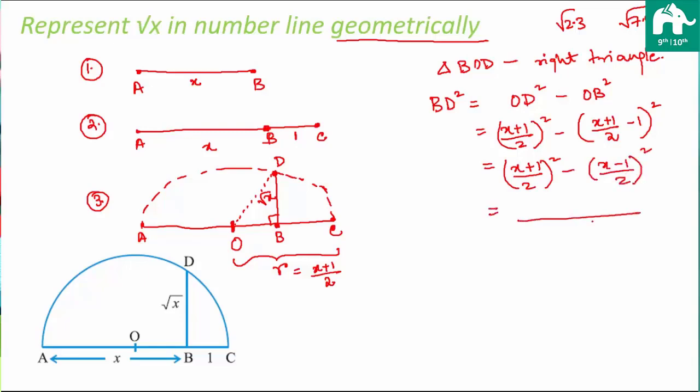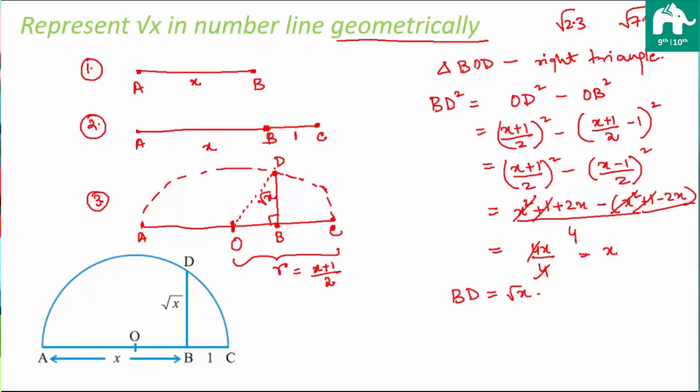Now let us solve this. Using a square plus b square plus 2ab minus a square plus b square minus 2ab, this is 4x by 4. The x square cancels and the 1 cancels. So we get 4x by 4, that is equal to x. So we see BD is equal to root over x.